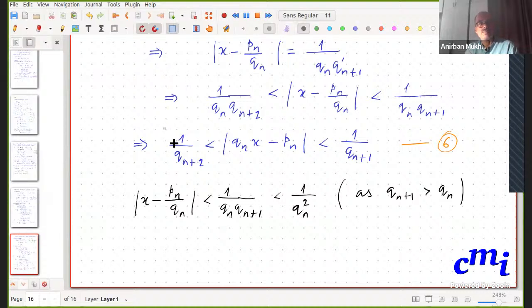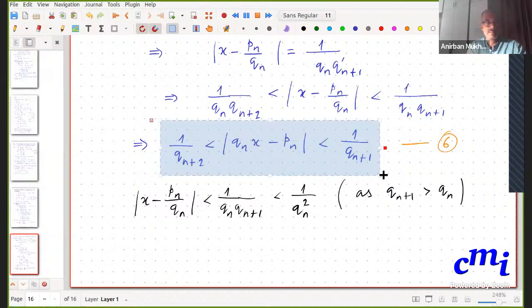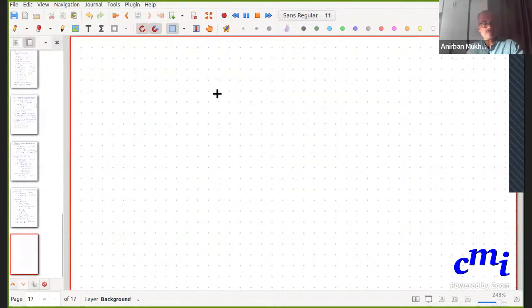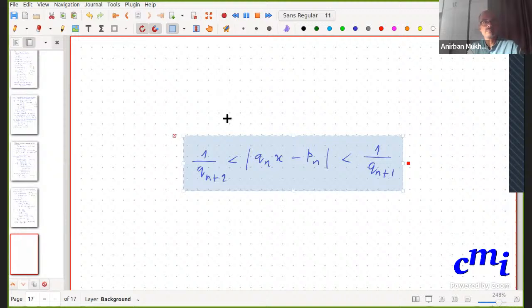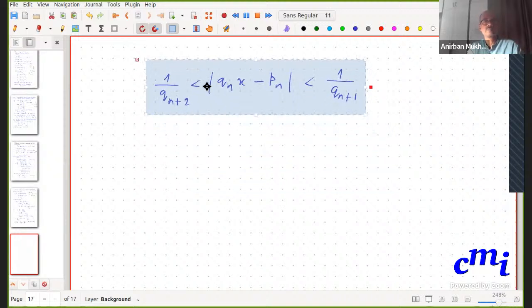Just copy this. So let's analyze this inequality. This is just what we got, and it's quite a significant one.